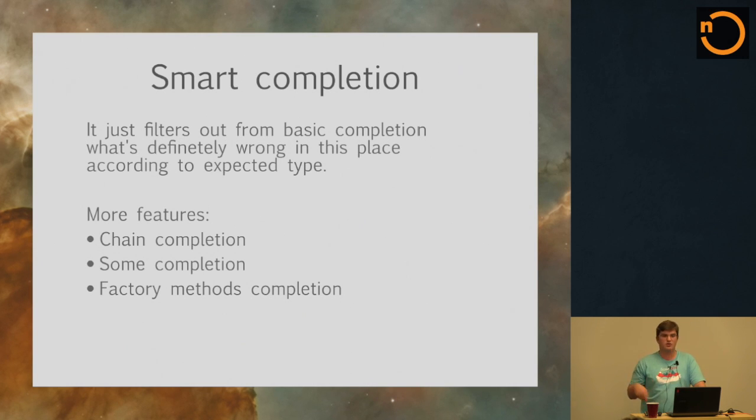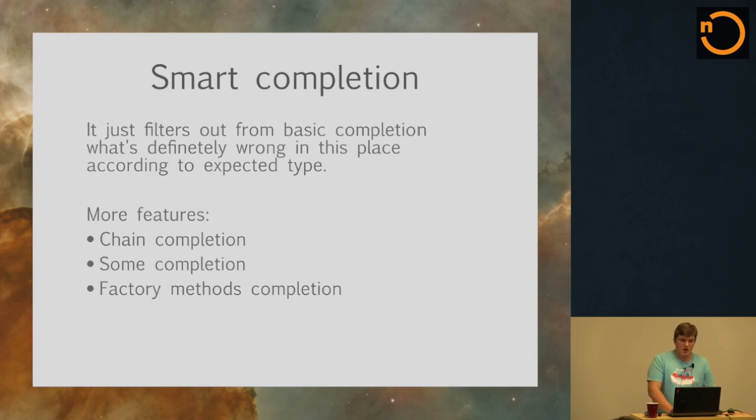IntelliJ can search among these companion objects and figure out which method is compatible in this place. For example, if your expected type is HashSet of integers, you can invoke just smart completion and get the HashSet.empty variant, which is cool.